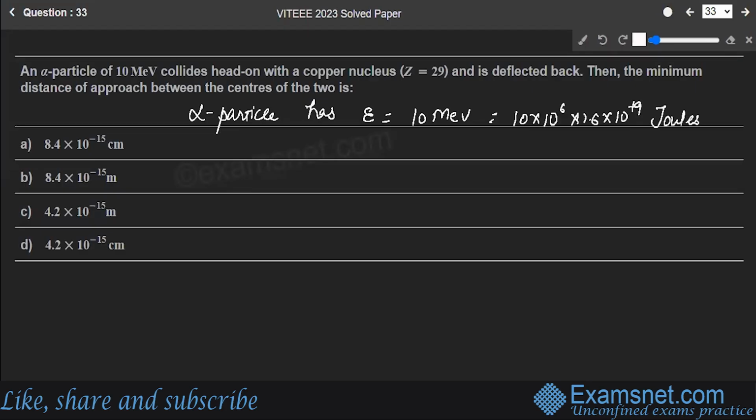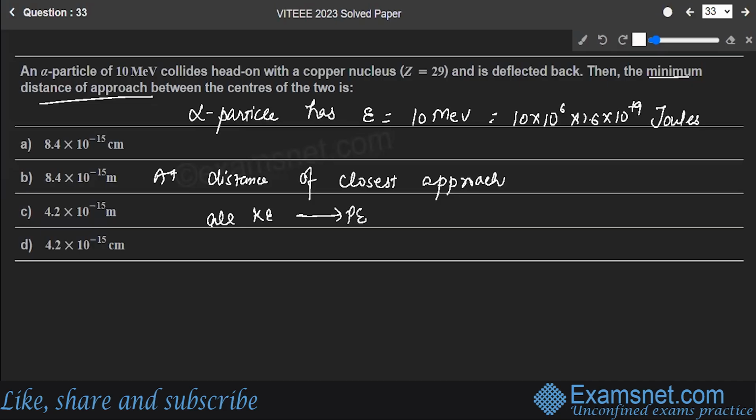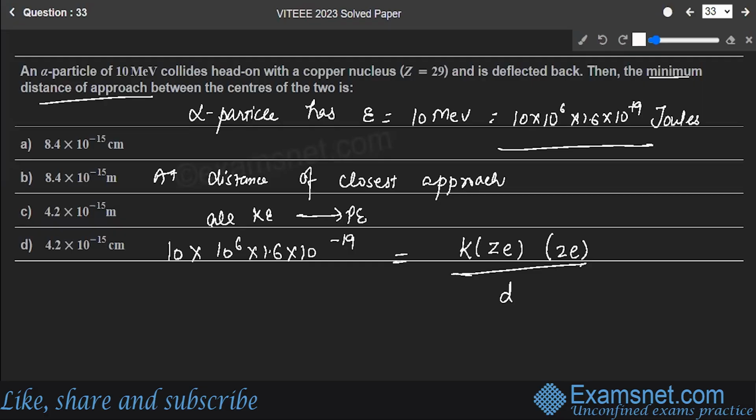See, when it is having the head-on collision, at the distance of closest approach, all the kinetic energy changes into potential energy. So this energy, which was possessed by this alpha particle, is equal to K into Ze into 2e divided by the distance between them.